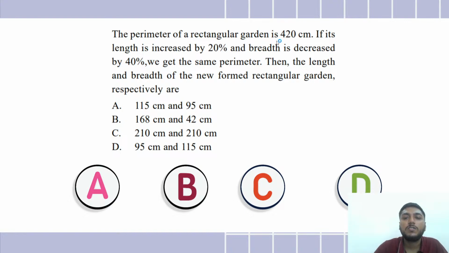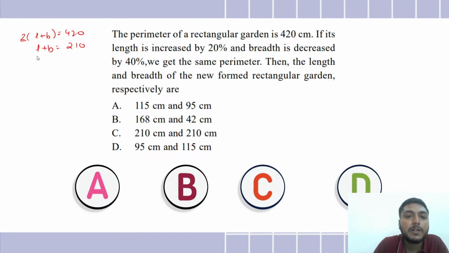So now let's see how I do this question, right? So we have this perimeter. Perimeter of this rectangle is 2 bracket L plus B, which is given as 420. So L plus B would become 210, right? Now this L would be increased by 20%.